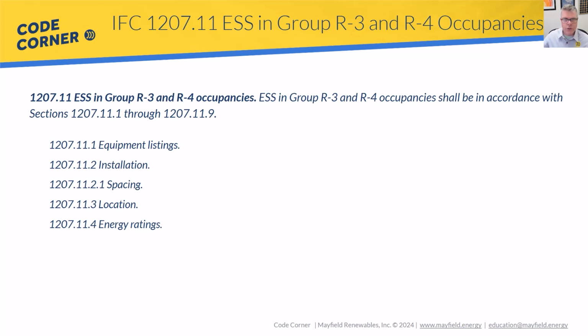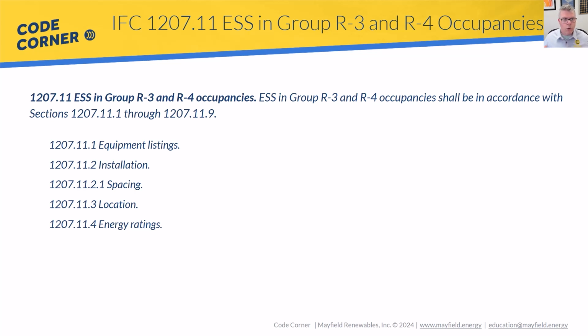We have 11.1 through 11.4 that we're showing you on the screen here. And there's more to it. It goes all the way to 11.9, but really the gist of what I'm going to talk about in this video is in the first four, and even most specifically in 2, 3, and 4.